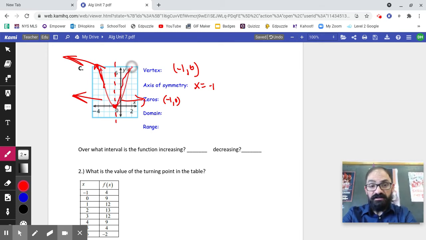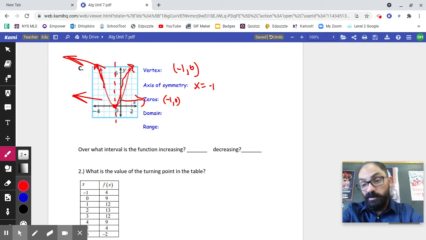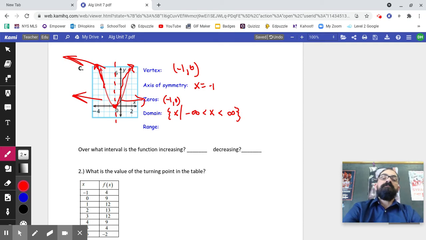And on this side, it's also going up and out, and it'll approach positive infinity. So the domain is all x such that, this is how we've been writing it, proper notation, smallest value first: negative infinity is less than x and less than positive infinity. We'll get used to that.